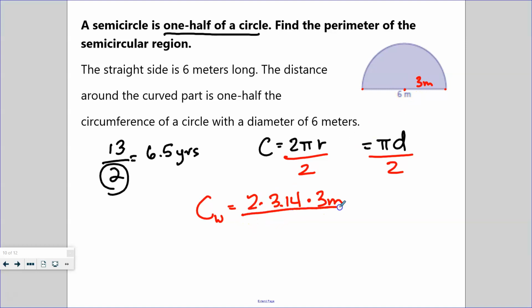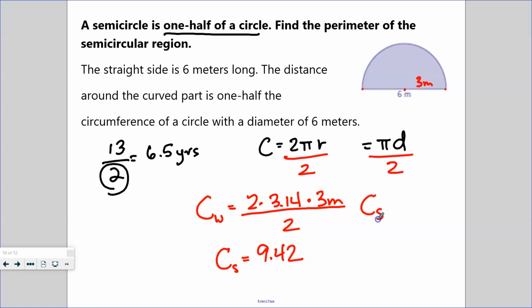And then I would divide by 2. So figure out the numerator first: 2 times 3.14 times 3, which is 18.84. This top part would be the whole circle, and if we divide by 2, that would give us the semicircle.